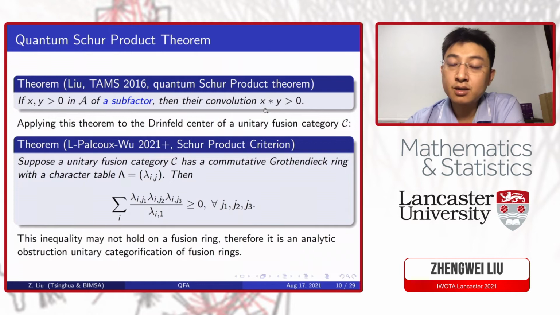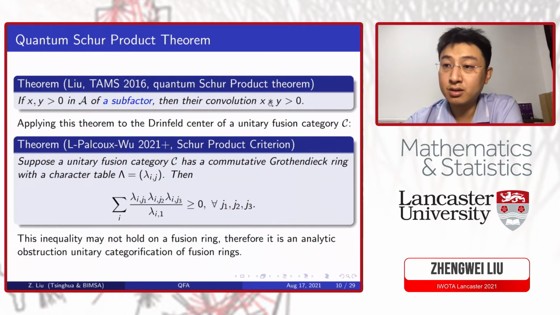If you consider the two operators as functions, then it's easy to see the convolution of two positive functions should be positive. But if we look at the dual side, then it's that for two positive matrices, when we take the Hadamard product, it's still positive, and that's the classical Schur product theorem. But in the general setting, this is a very abstract convolution.